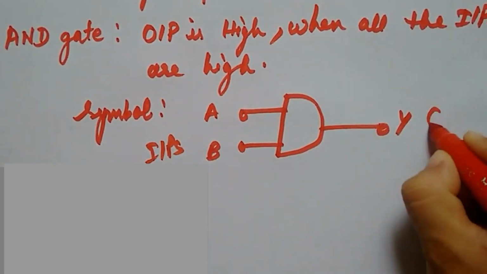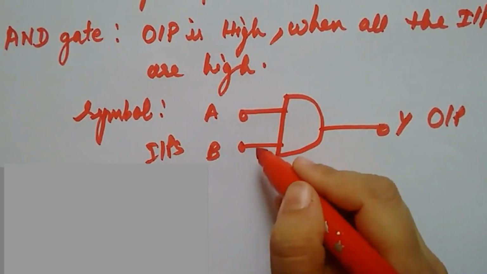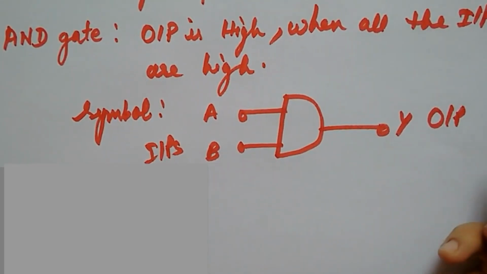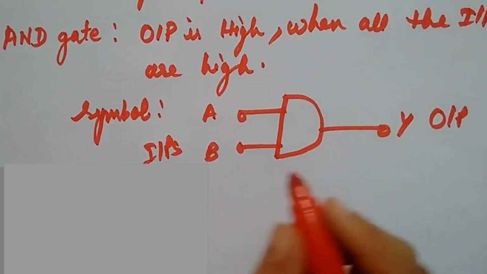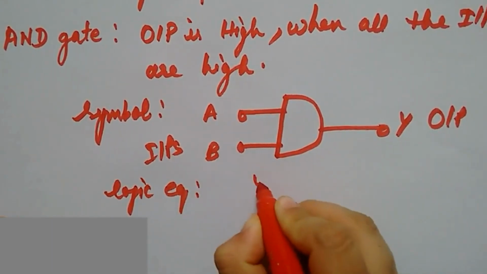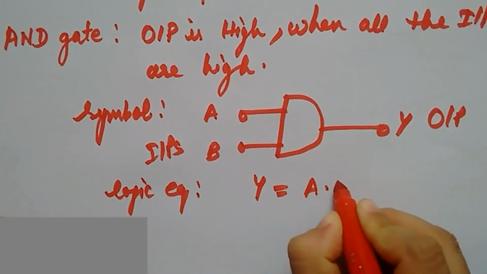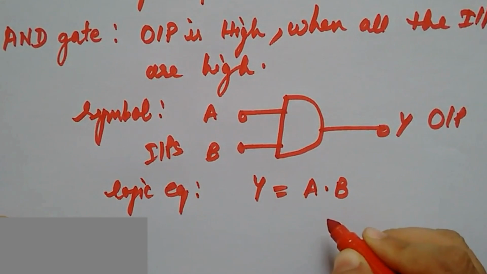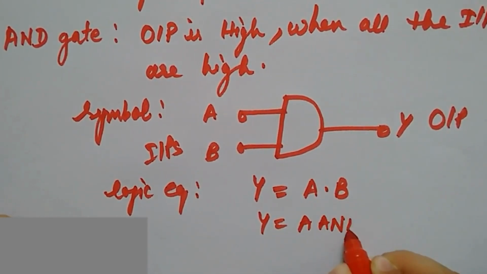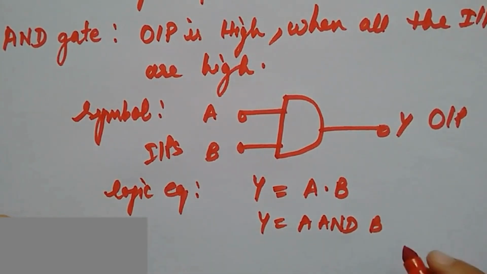The inputs can be more than 2, but output should be 1. Now the logic equation. The logic equation of AND gate is simply y equals a dot b, where dot represents the AND operation. We can simply write y equals a AND b.